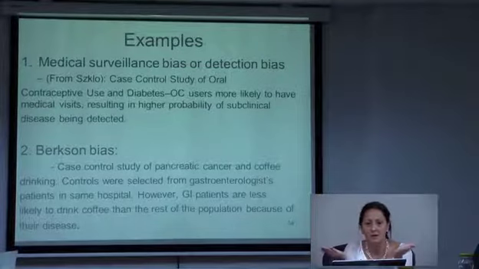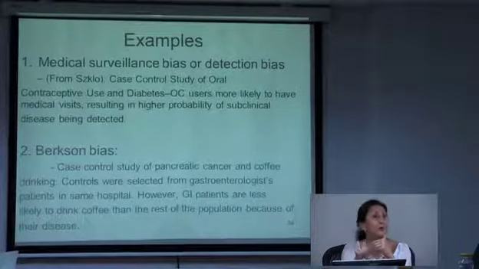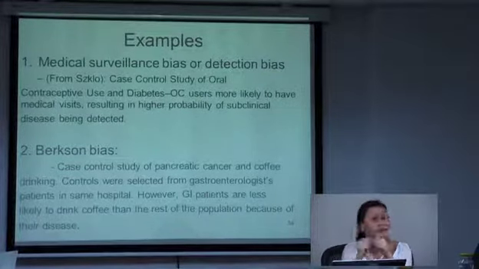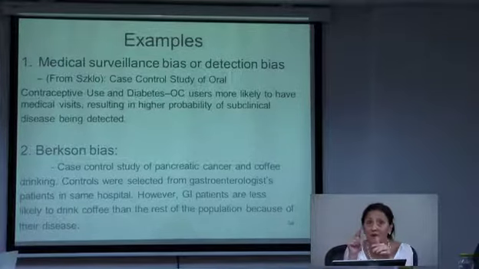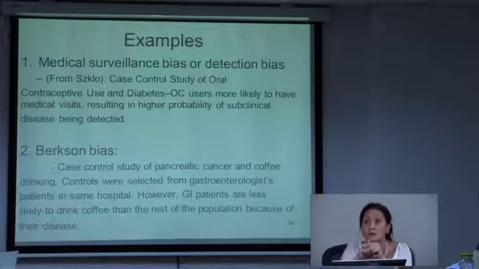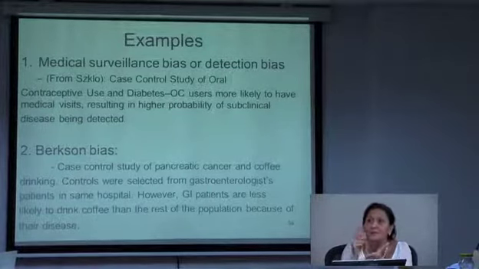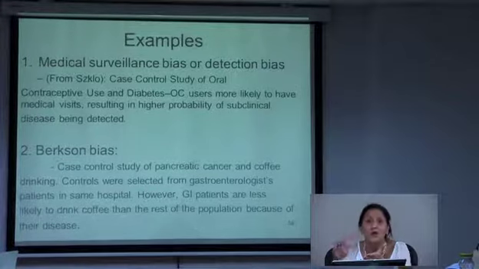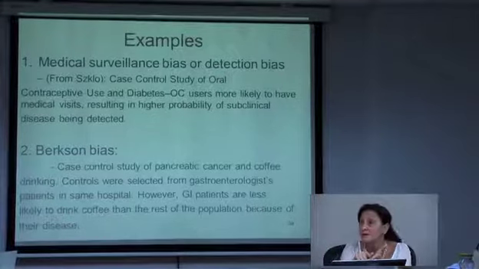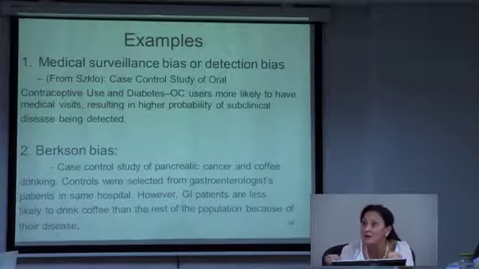Let me give you a better example. If I give a radiologist an X-ray of the lung and tell this radiologist that this person is a smoker, the radiologist would look very thoroughly, very carefully, to find some kind of lesion in the lung. While if I select cases of lung cancer without the radiologist knowing that this person is a smoker, the selection is not dependent on the exposure.